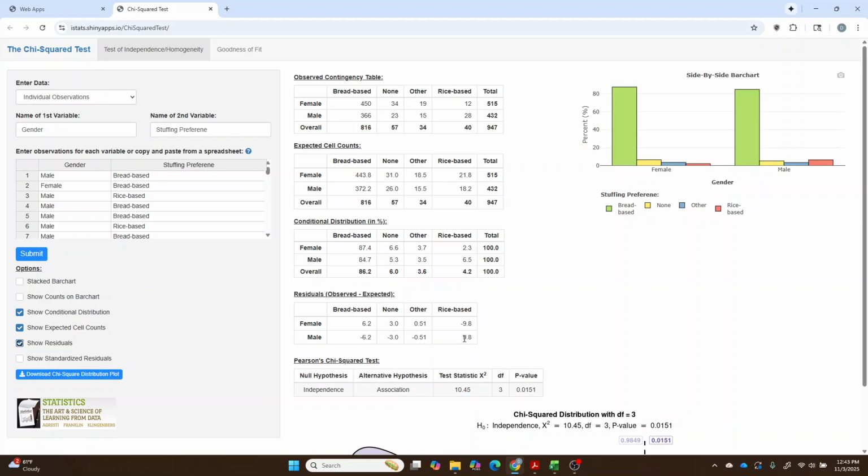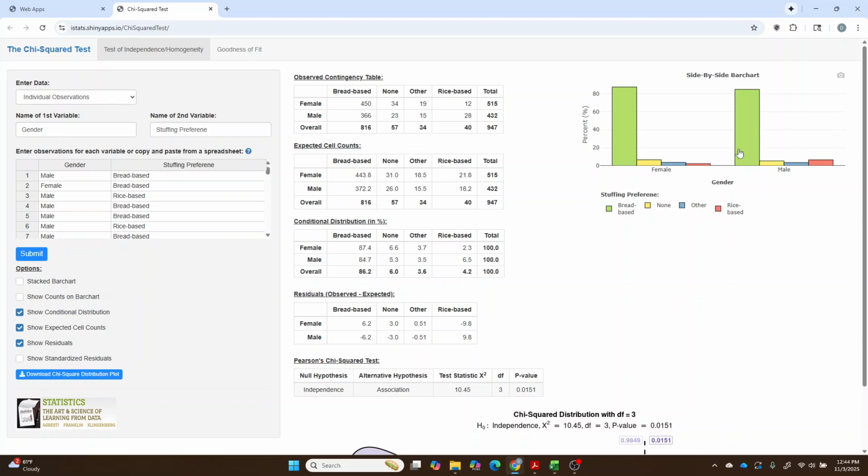There were about 10 men who preferred rice-based stuffing above what was expected, right? We observed 10 additional men, more than we expected, liking the rice-based stuffing, whereas for women it was 10 fewer, I suppose. So that's kind of interesting. I guess the main difference is that women are more likely to like bread-based stuffing, and men are more likely to like rice-based stuffing than what we expected.